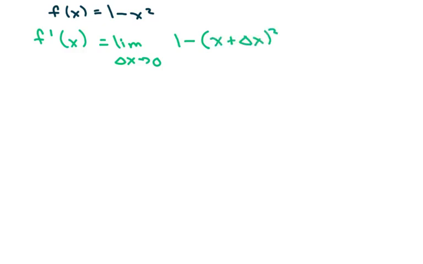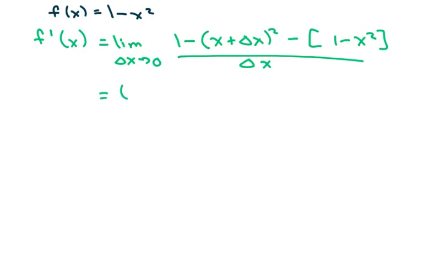Okay, the next one, hopefully I'll get that x in. So we have derivative of x equals the limit as delta x approaches 0, 1 minus your x plus delta x squared. And then you're going to subtract the whole function, which is 1 minus x squared, all over delta x.